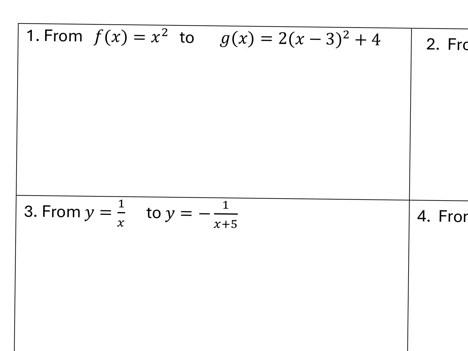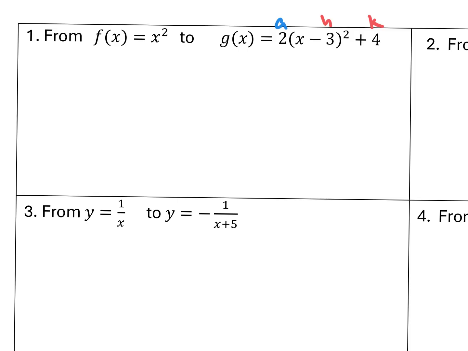If you could identify the a value and then identify the h and the k, then you know that if it's a negative, it would get reflected. And then after that, if you have a number right here, like the number 2, that's a vertical stretch of 2. And then you think opposite of what you see here, and that's your shift to the right, because it would be a positive 3. And the k is a shift up or down.